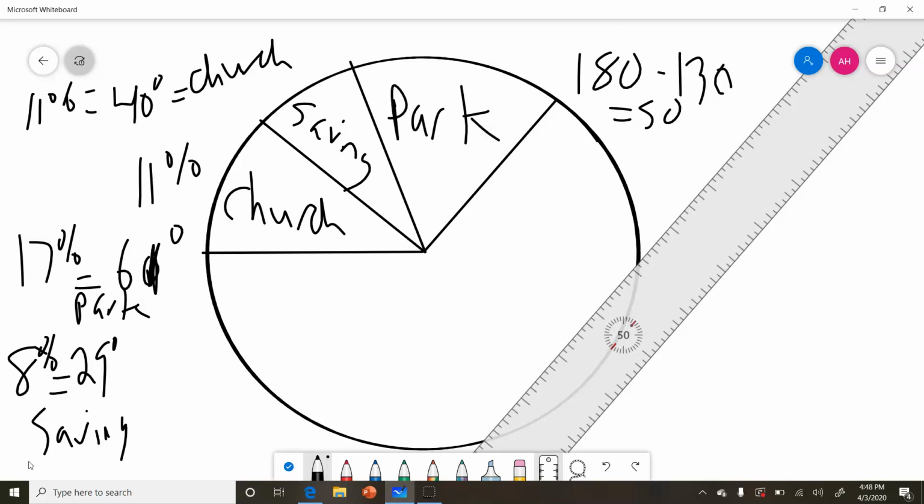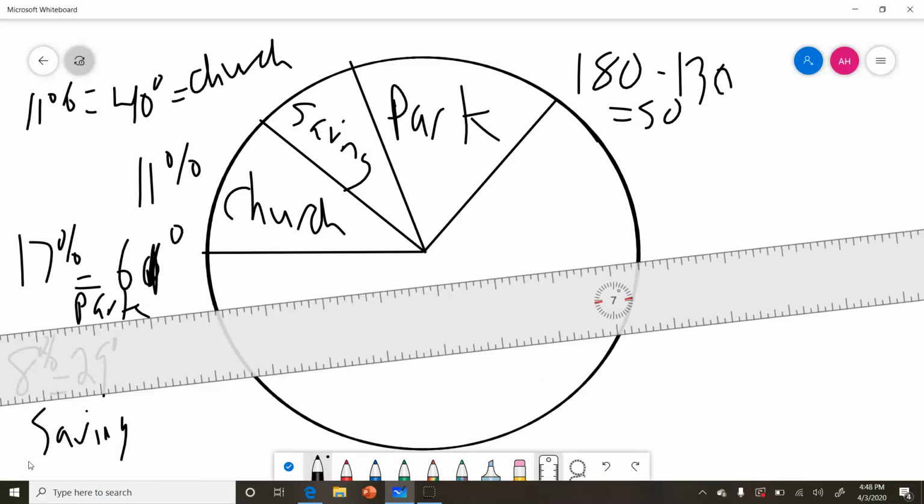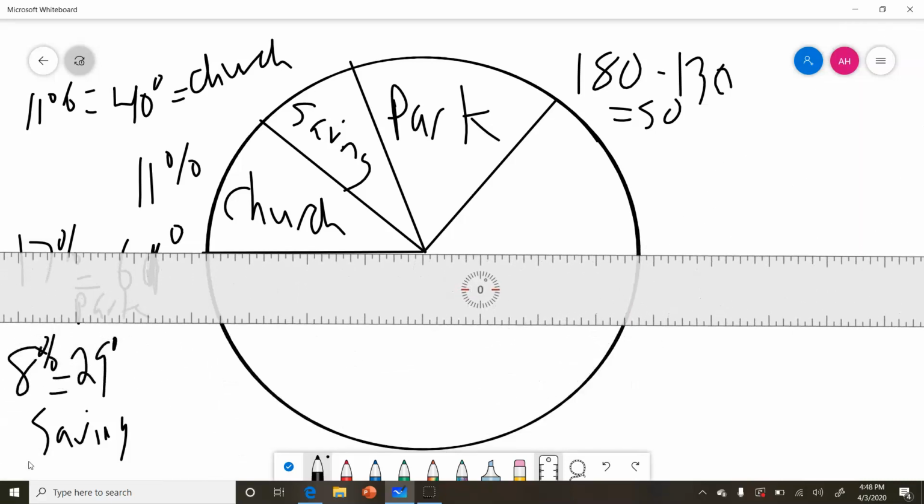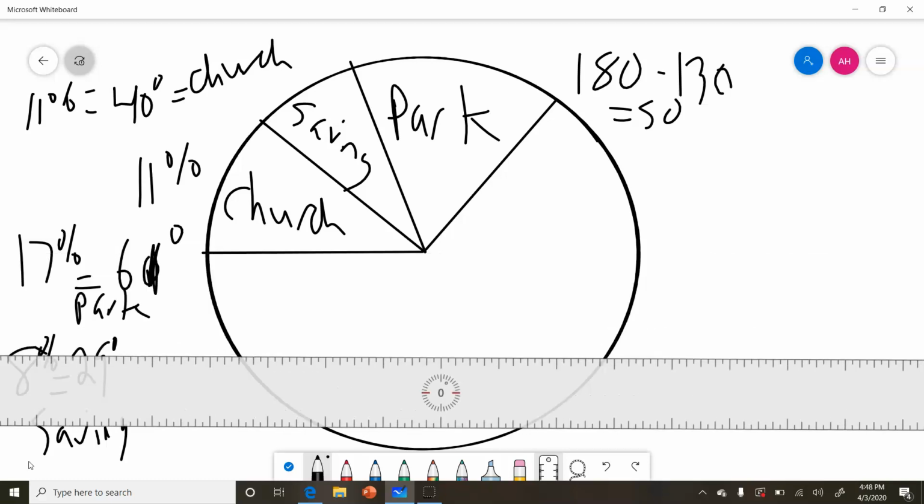Okay, if that confused you, that's okay. On your protractor, you can just go from this side over here to on the left and just go a total of 130. Okay, that will be easy. Next, what we have is 28%, and 28% is 101 degrees. 101 degrees.